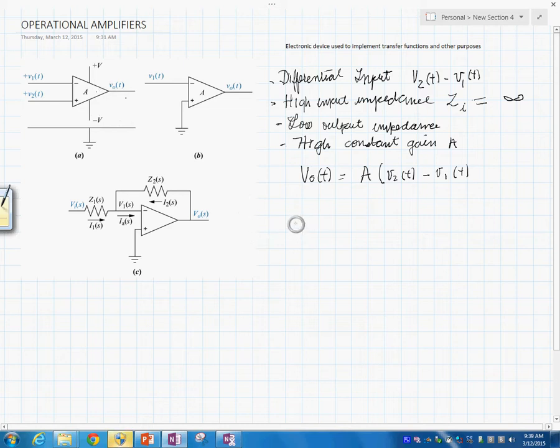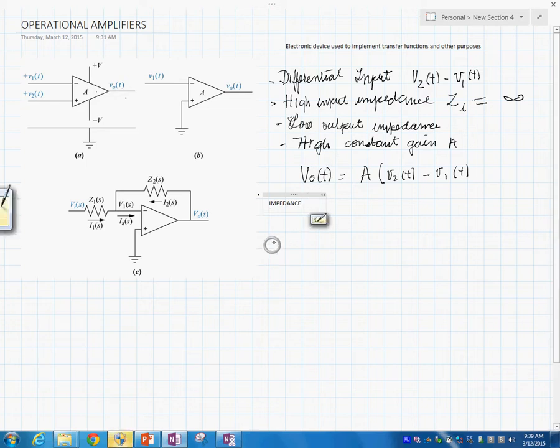Now, let's talk a little bit about the concept of impedance here. I'm just going to put the title here. Impedance.